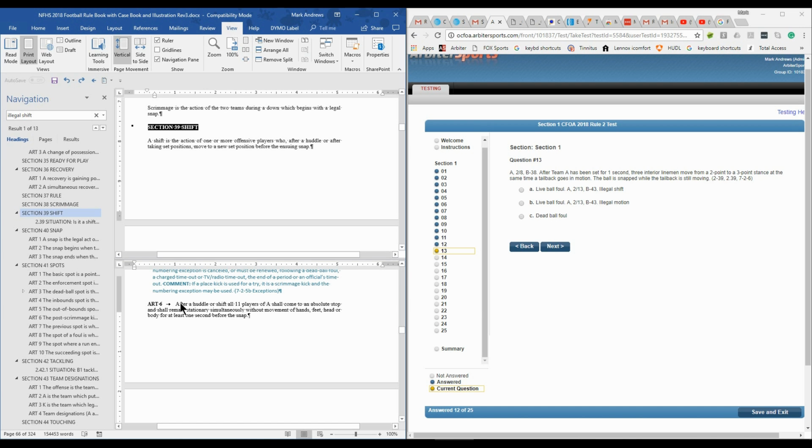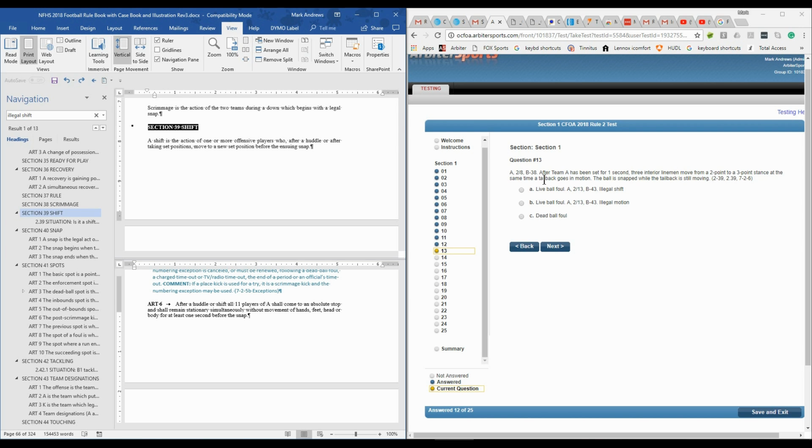726 says, after a huddle or shift, all 11 players of A shall come to an absolute stop and shall remain stationary simultaneously without movement of hands, feet, or head or body for at least 1 second before the snap. So, in this question, we have 3 interior linemen moving along with the tailback in motion.